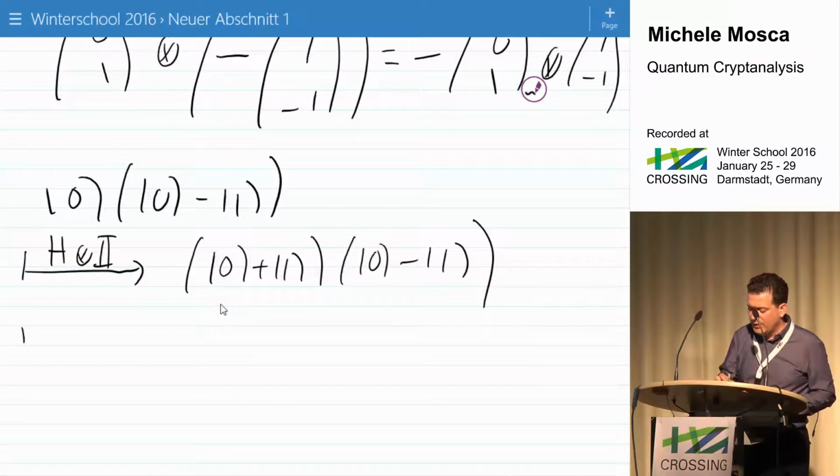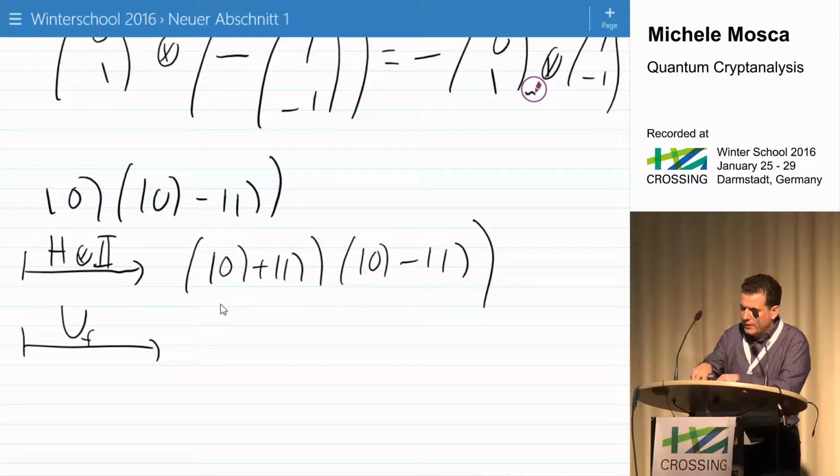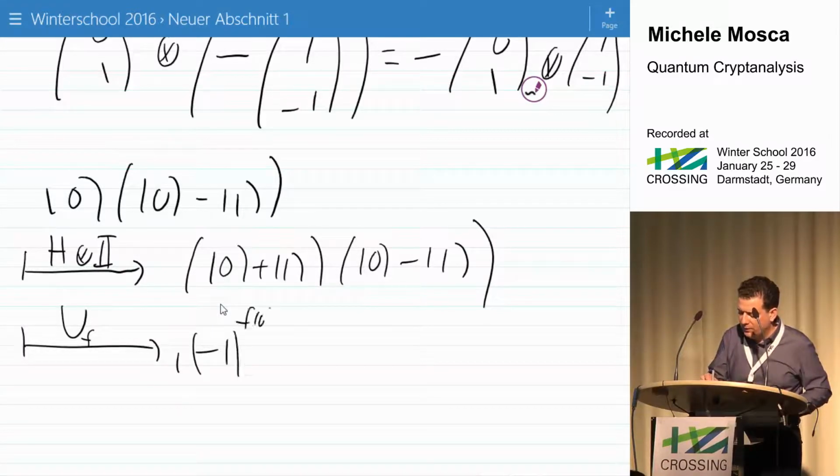And then when you apply the Uf, what happens? The 0 control bit, with 0 minus 1, picks up a phase factor of minus 1 to the f at 0. And the 1 control bit picks up a phase factor of minus 1 to the f at 1.